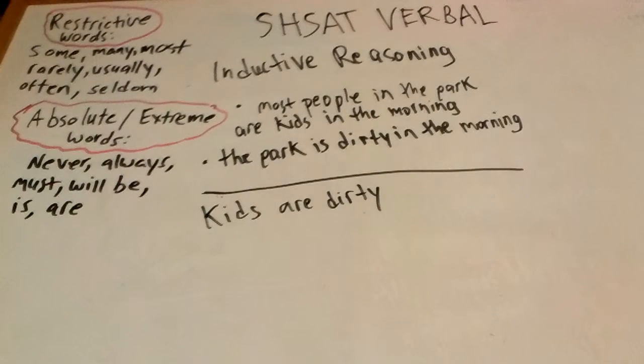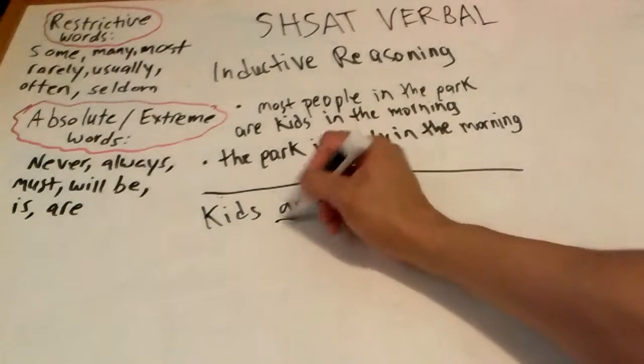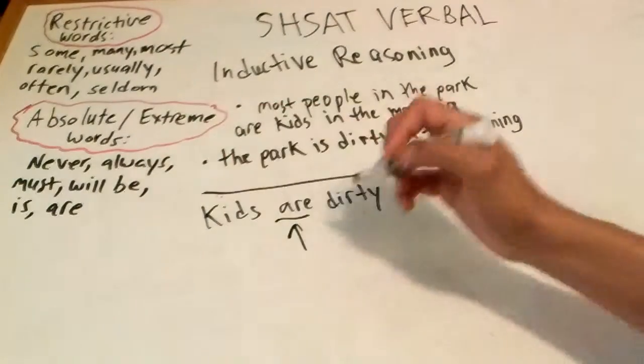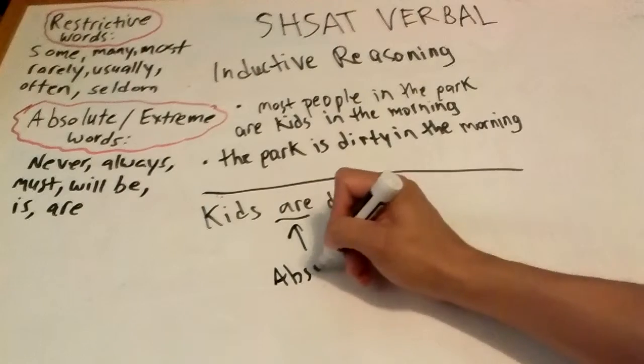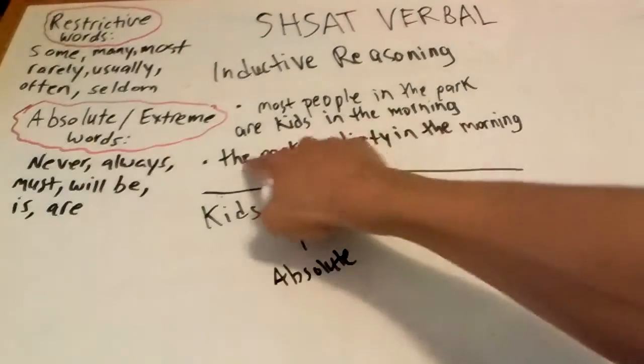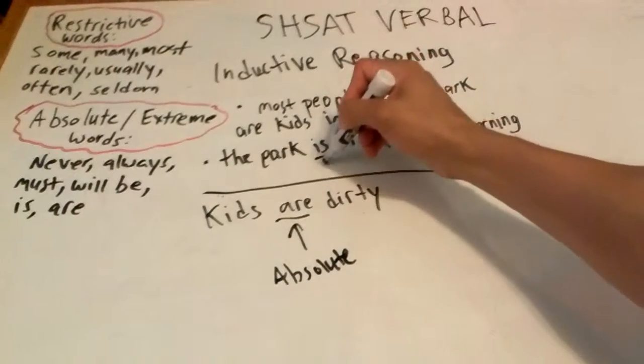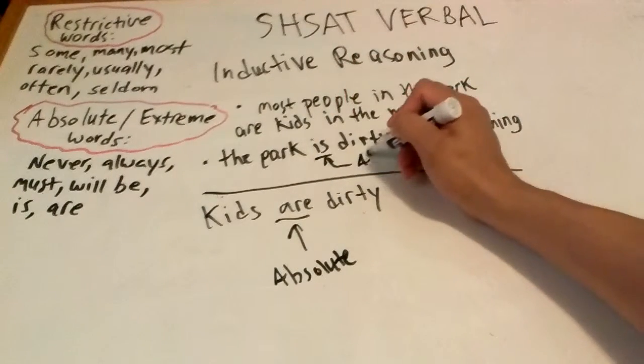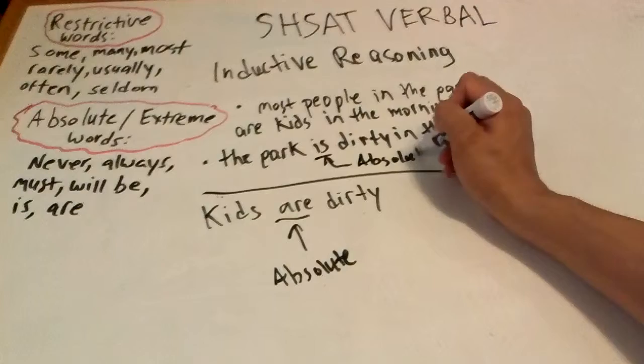Because they're the ones dirtying the park. You can say that. But can you? Look, I said are. Are is part of our absolute words. And look, this here, the park is dirty. That's also absolute. So far, so good.